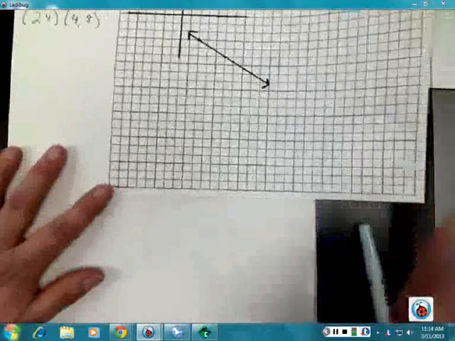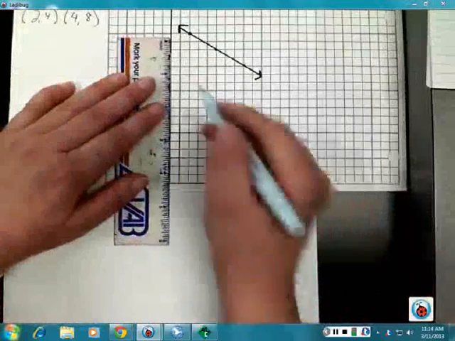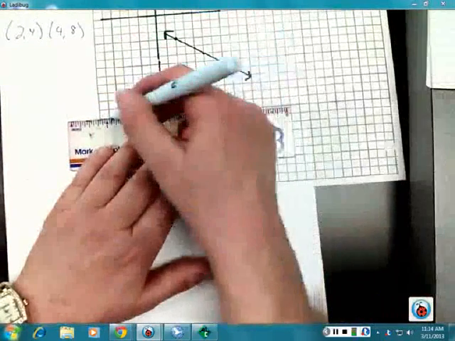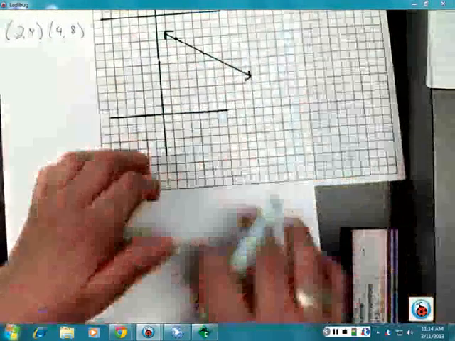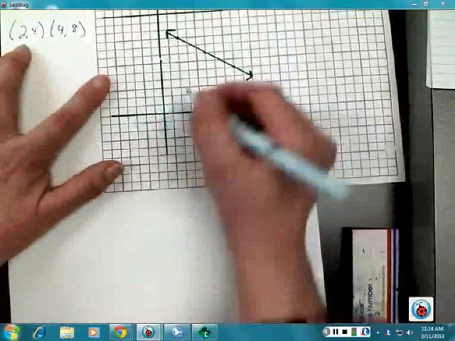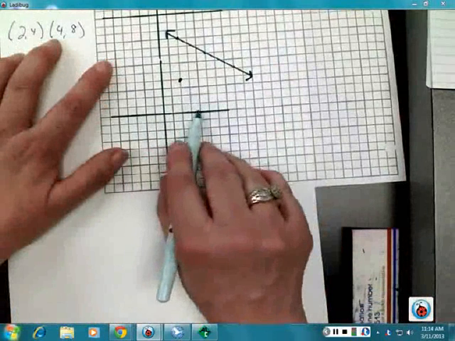And I want to know whether that's going to be a positive slope or a negative slope. So if I plot both of those points on my graph paper, this is one way of finding your slope. And we'll talk about an easier way. When I'm at 2, I'm up at 4. When I'm at 4, I am up at 8.